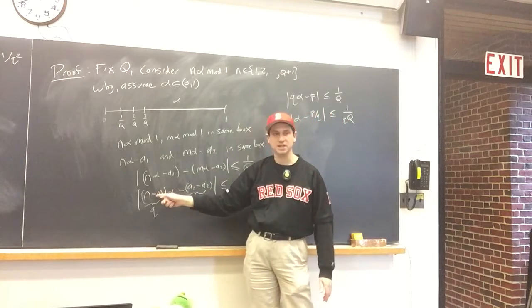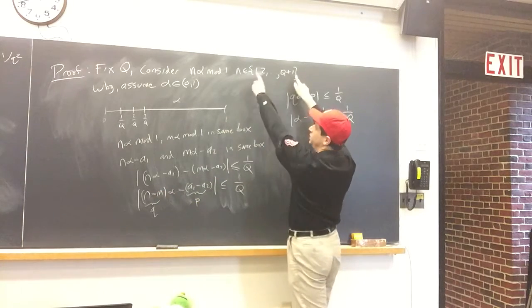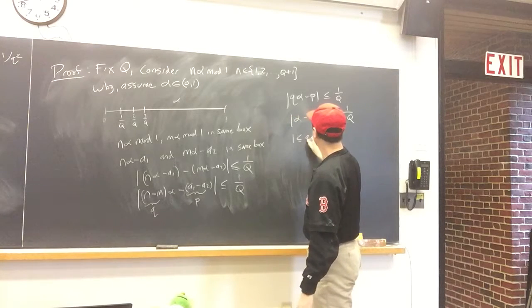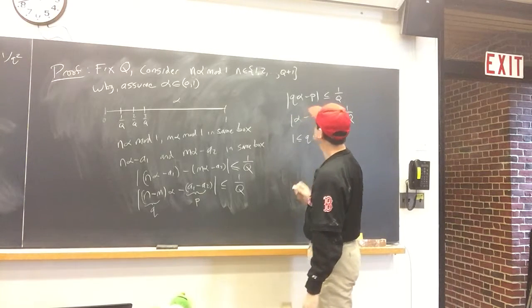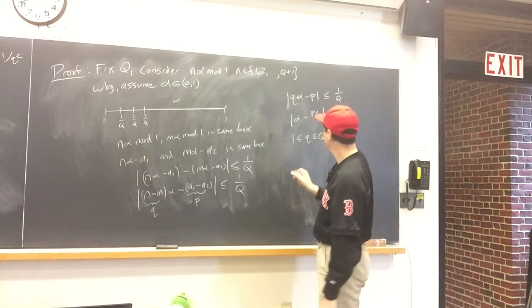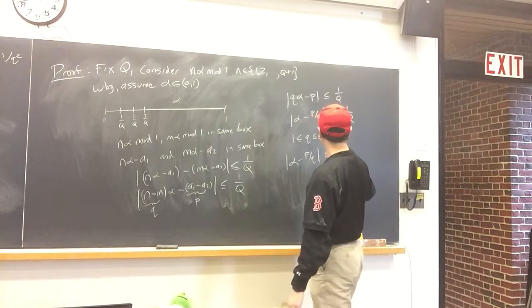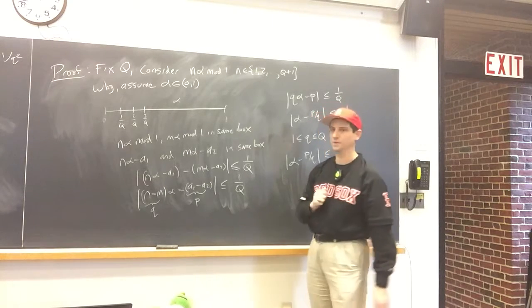So the largest n minus m could be is if one is Q plus 1 and the other is 1, so the difference is at most Q. So we know 1 is less than or equal to q, which is less than or equal to big Q. So we get alpha minus p over q is less than or equal to 1 over q squared.